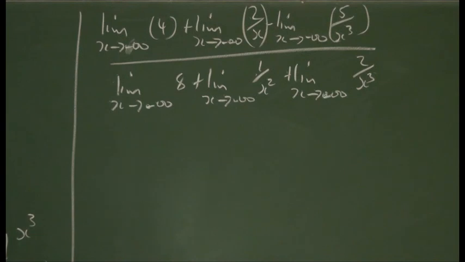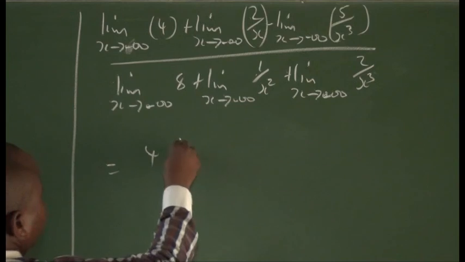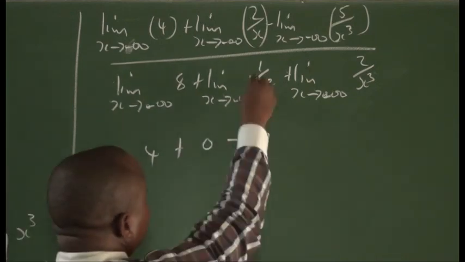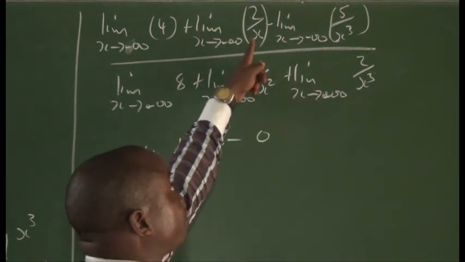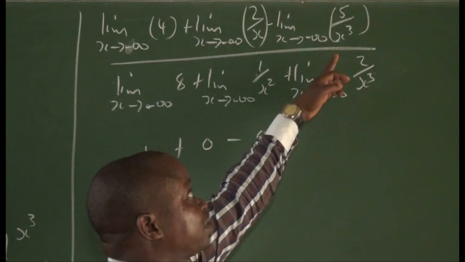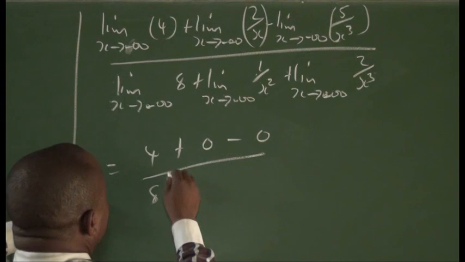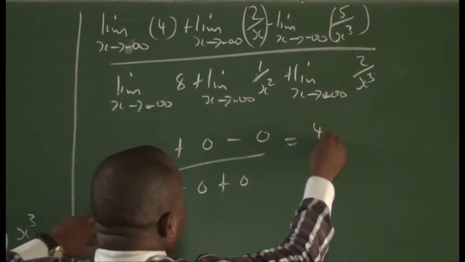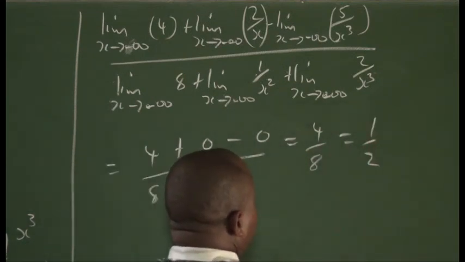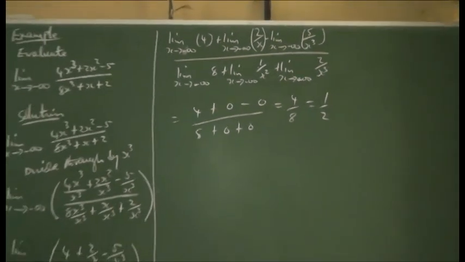Now, we see that this one will become 4 plus 0 minus 0. Why is it 0? Because when x approaches infinity, the value of 2 over x will be very small and converge to 0. Same thing will happen here. Then you have 8 plus 0 plus 0. That gives me 4 over 8, which is 1 over 2. So 1 over 2 is the limit as x approaches negative infinity.